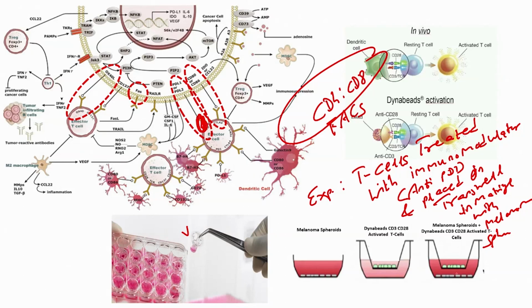This is a static way of performing the experiments, and you will see a certain signature in CD4 CD8 because you are treating the T cells with an immunotherapy drug and you are allowing the T cells to directly communicate with spheroids, right, in a static manner. The change in CD4 CD8 would be because of the release of chemokines as well.